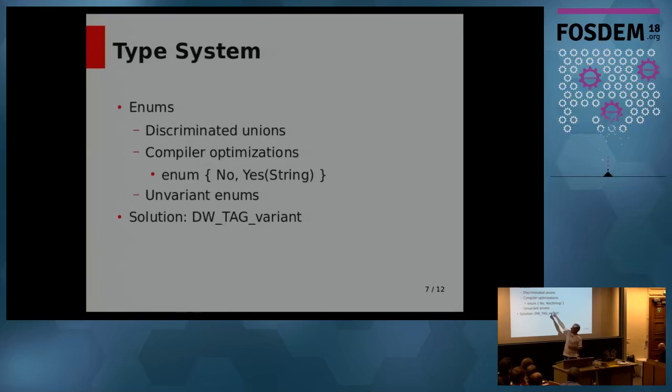Well, this enum actually takes the same amount of space as a string takes, because the Rust compiler realizes this thing can never be 0. So there's a slot somewhere in the payload, and if that slot is 0, it means no. And if that slot's non-zero, it means yes, and that is the string.